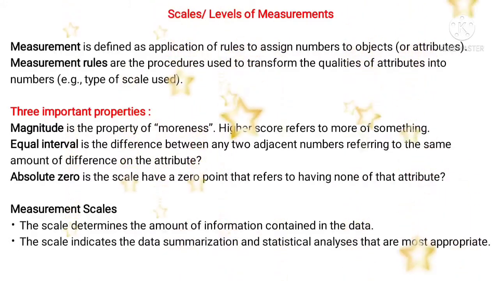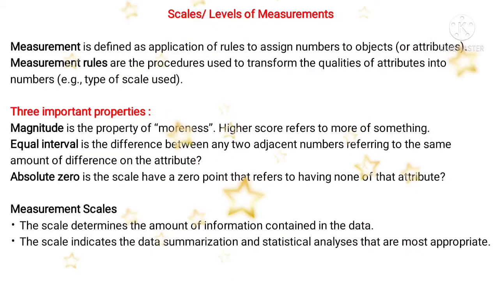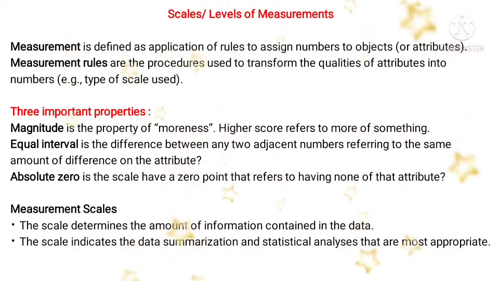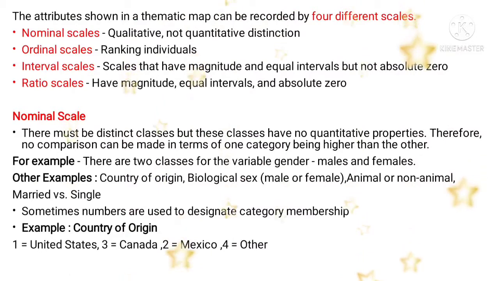Measurement scales. The scale determines the amount of information contained in the data. The scale indicates which data summarization and statistical analysis are more important. There are four different types of scales available: nominal, ordinal, interval, ratio.